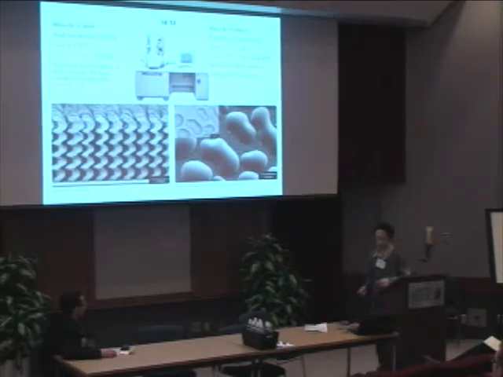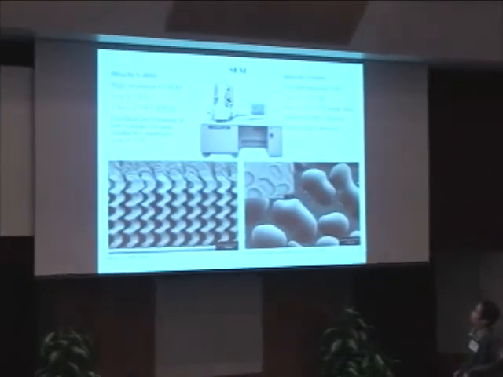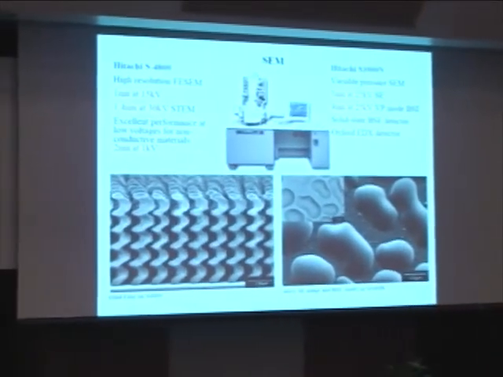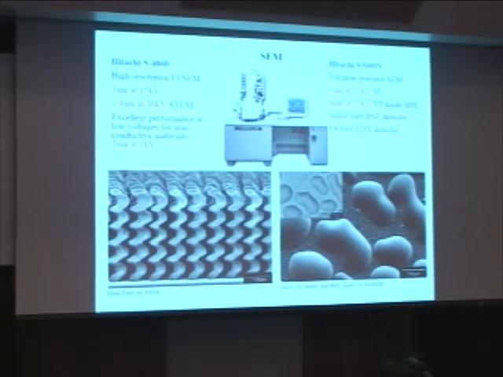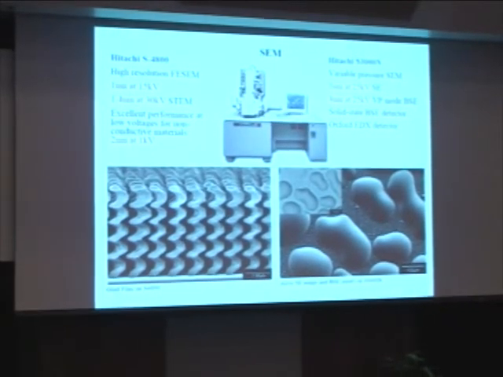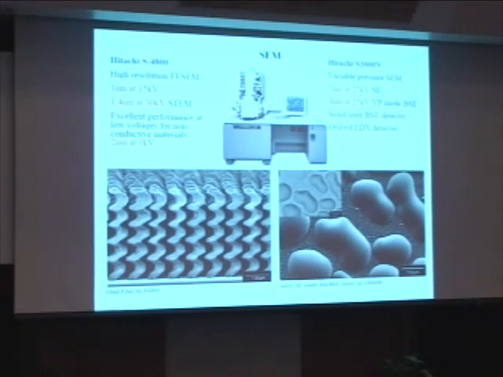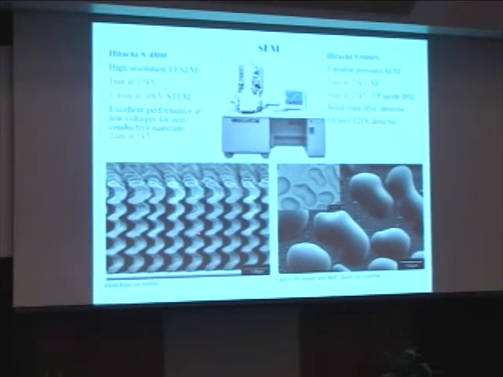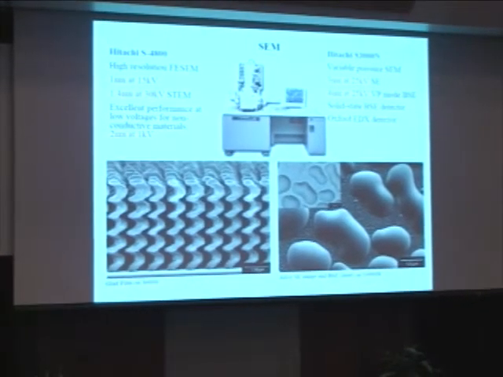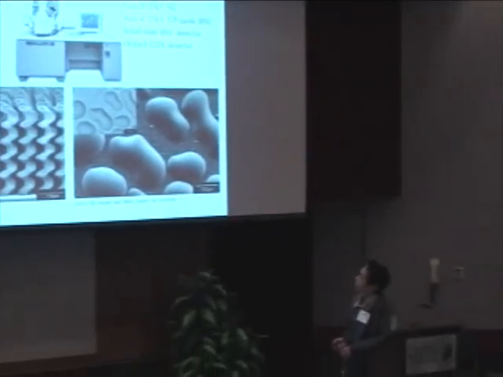For surface imaging, we have two SEMs, both from Hitachi. The 4800 is a very good high-resolution SEM, also with excellent performance at low voltage for non-conductive material. The image here shows a cross-section of a glass film from a glass group in NINT and UFA.